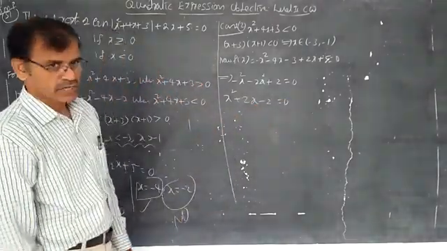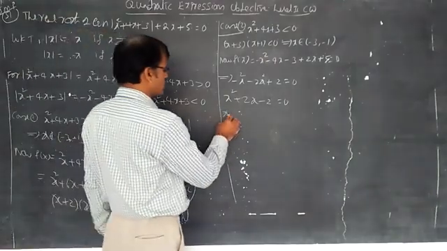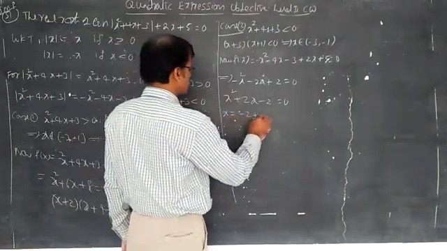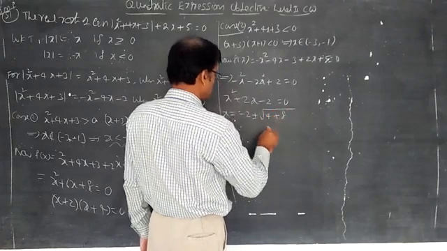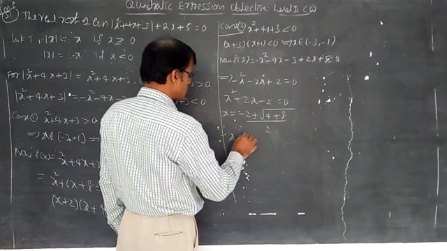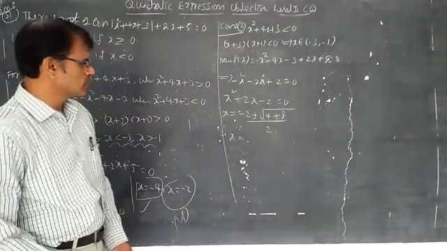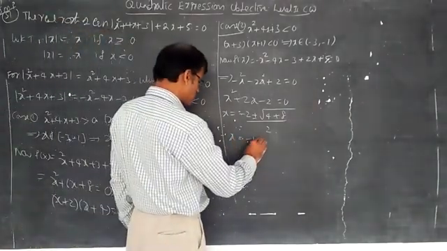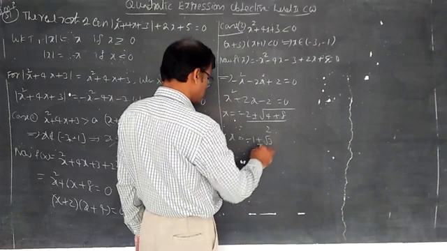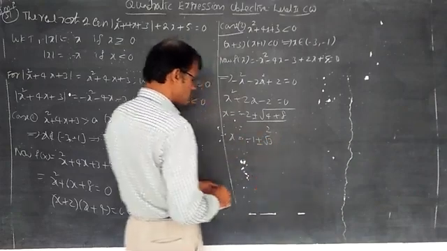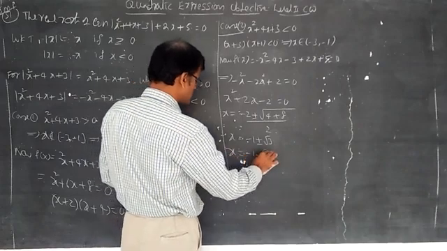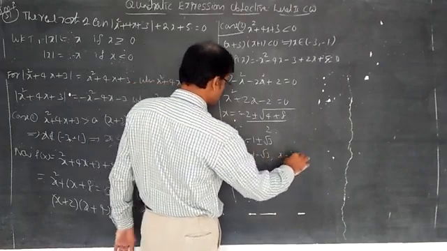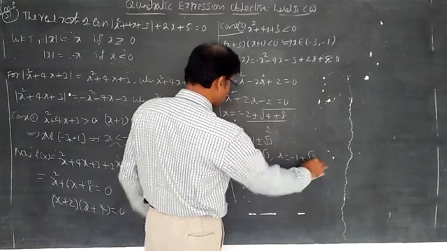I think there are no factors. Depending upon the formula, x equals minus b plus or minus root of b square minus 4ac, whole by 2a. So x is equal to minus 2 plus or minus 2 root 3, whole by 2, which is minus 1 plus or minus root 3. Now x is equal to minus 1 minus root 3 is a root and x is equal to minus 1 plus root 3 is a root.